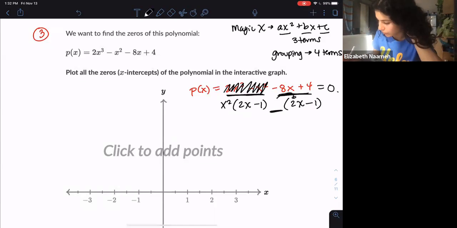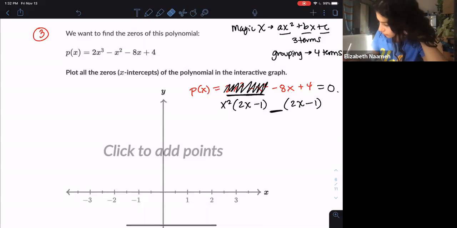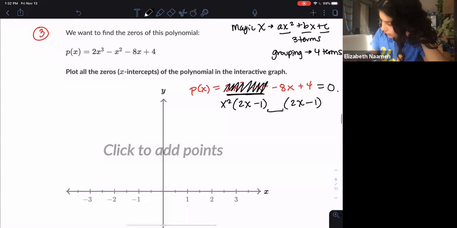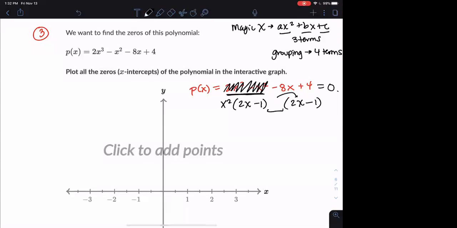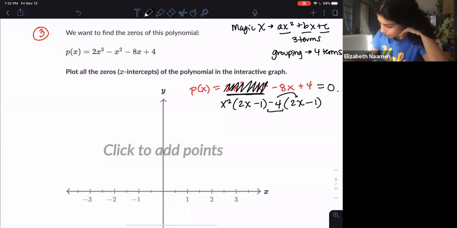What number times 2x and times -1 would give me -8x plus 4? What's some magic number? What goes here that when I distribute 4, close, not quite. That's -4. -4, there we go.